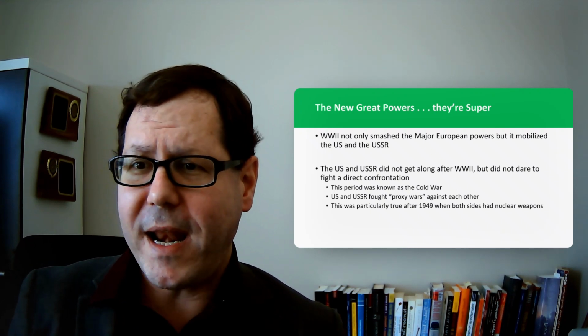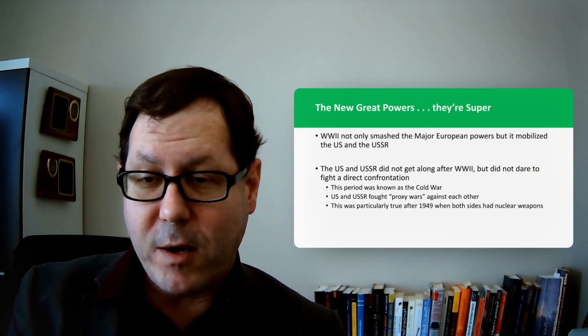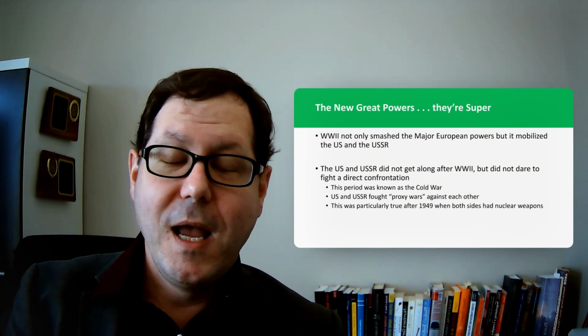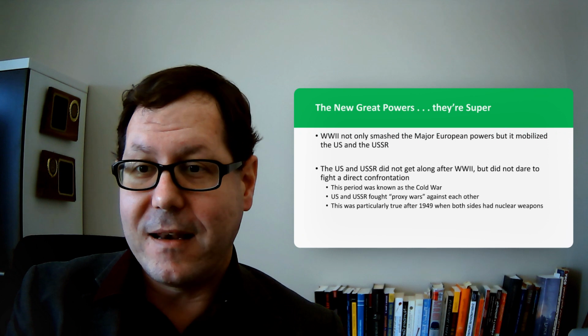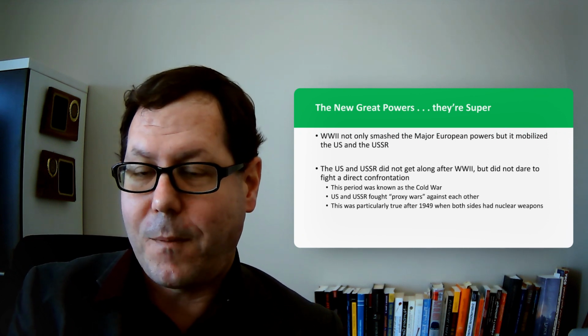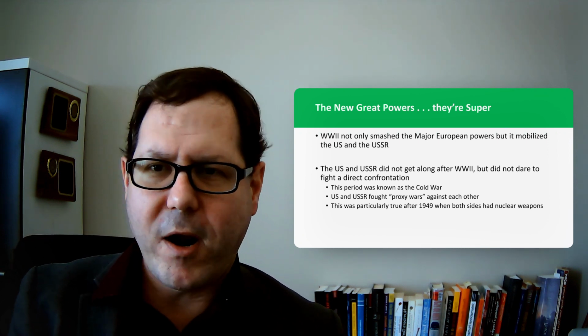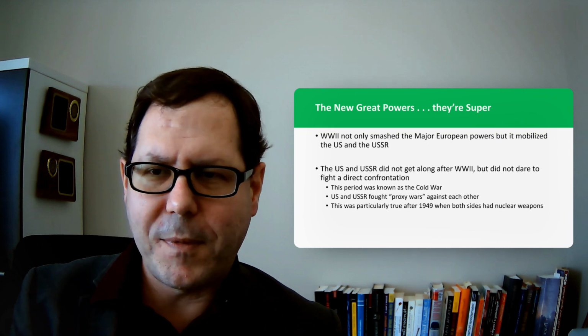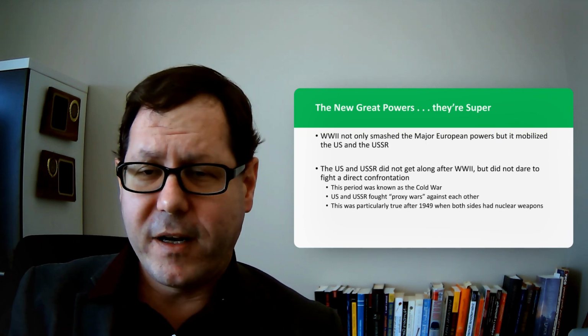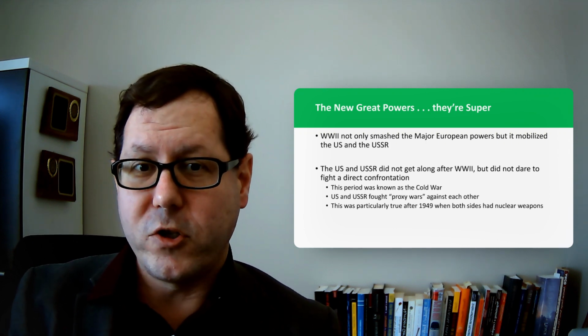But they tried to avoid any sort of direct confrontation, both because they were exhausted by World War II, and because they had incredible destructive capacity, initially in the form of the Red Army for the Soviet Union and the nuclear weapons for the United States, but then later in terms of both countries having large nuclear arsenals.